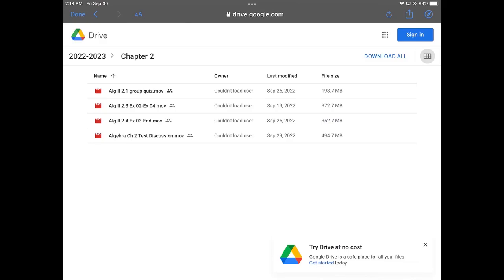Algebra, Chapter 2, test discussion. That's what we did yesterday in class. So if you were not here, you need to go over that and then fill in your corrections. And then this one is going to go in here as well. I'll just change the name of the folder and call it math, and I'll put all the videos in here.